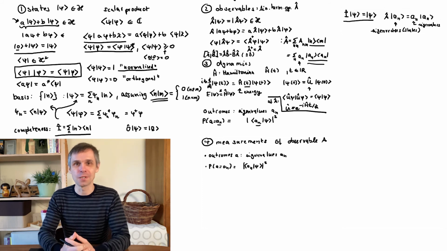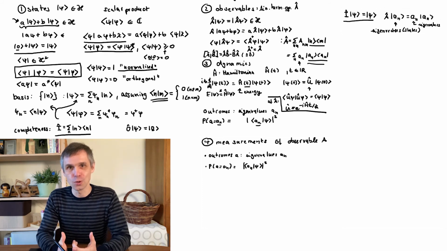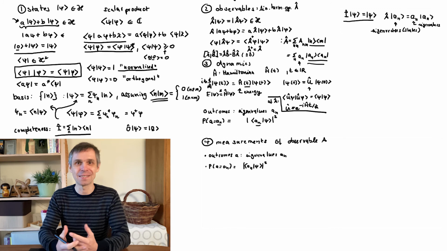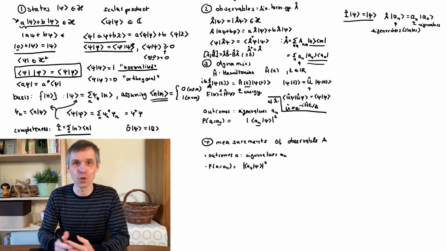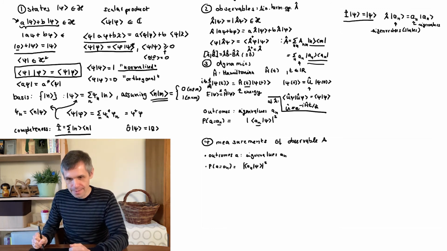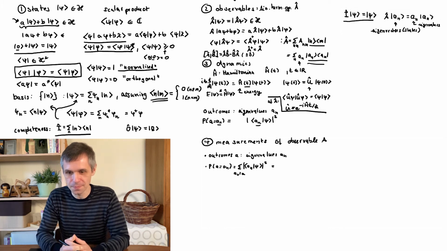Now it is of course possible that for any given eigenvalue and therefore measurement outcome, there are actually several eigenstates. That's something that we call degeneracy. And in this case, we simply need to sum over all the states which have the correct eigenvalue.